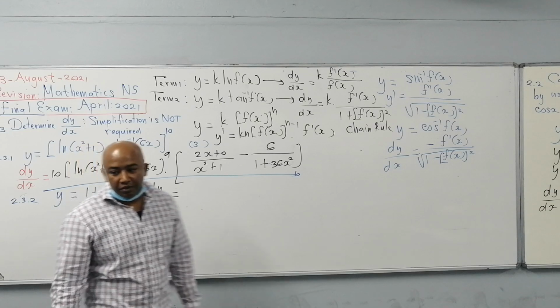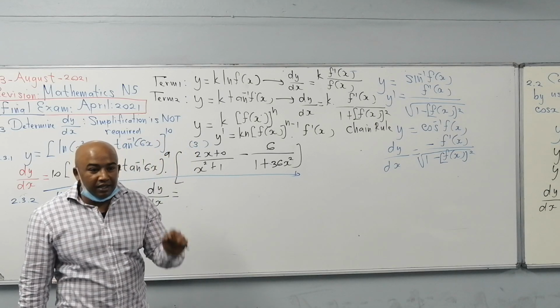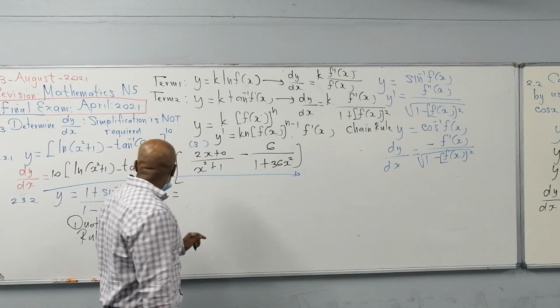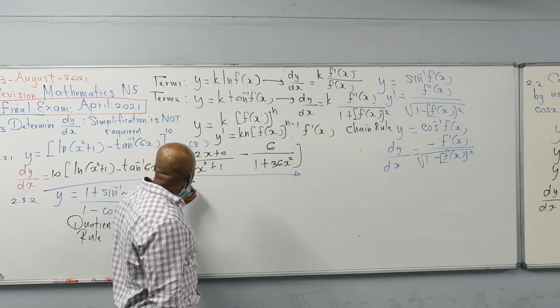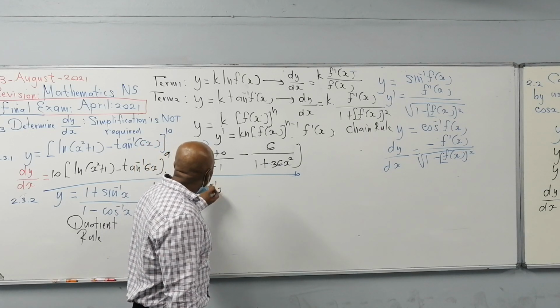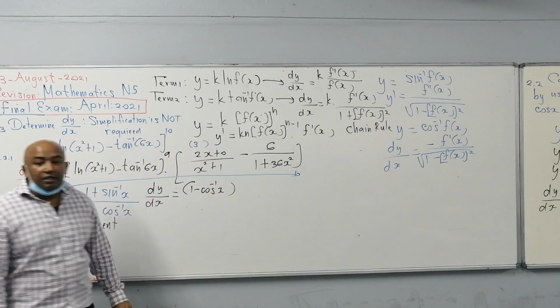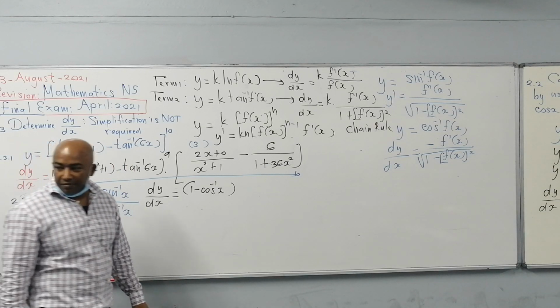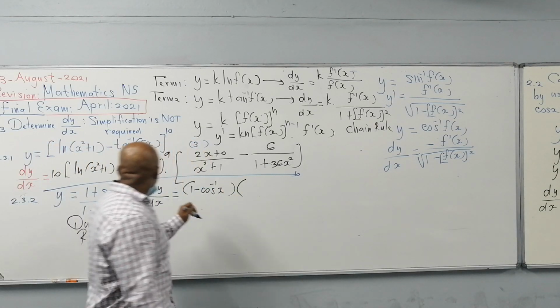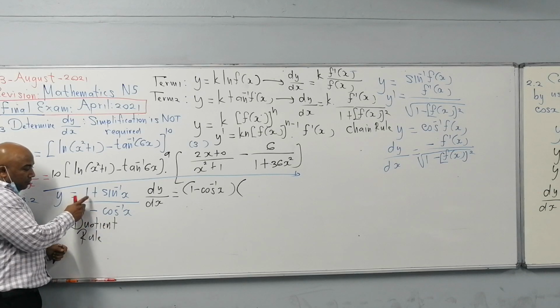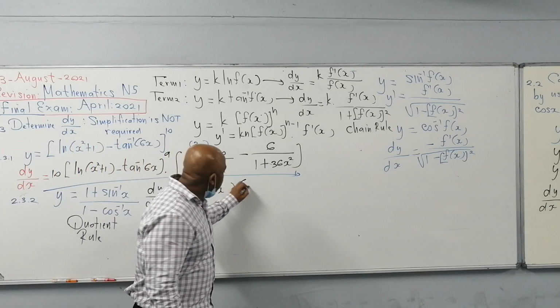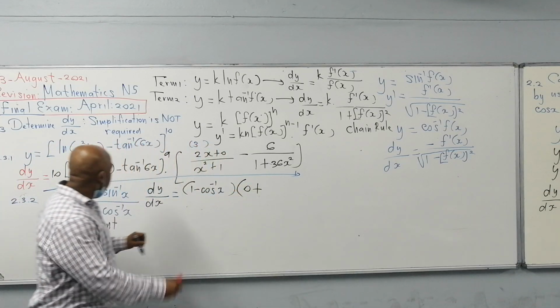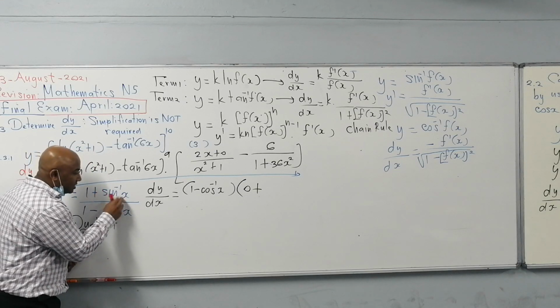So your quotient rule is copy the denominator. That is step number 1. Copy the denominator. 1 minus inverse cos of x. Differentiate the numerator. So the derivative of 1 is 0 plus the derivative of inverse sine of x.